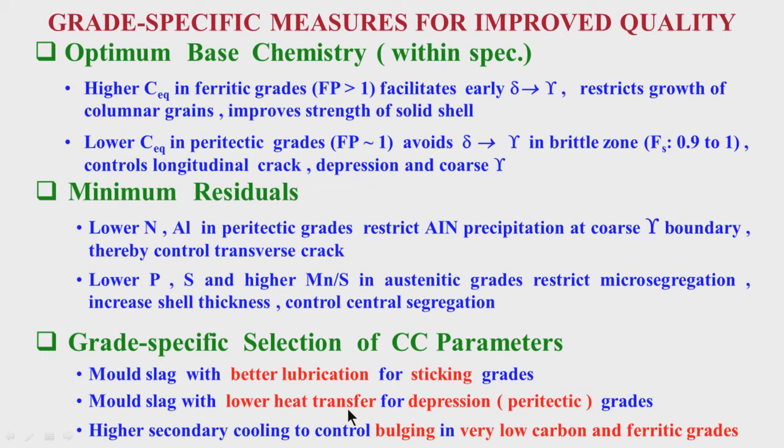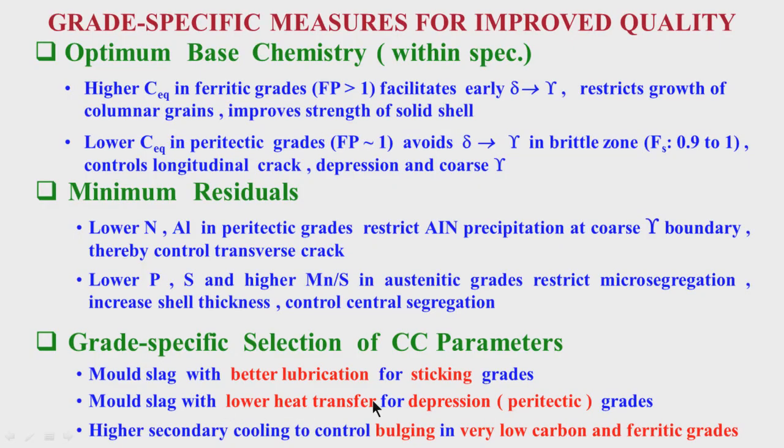Mold slag should be such that the heat transfer is low and it is uniform throughout the periphery of the mold. That means addition of powder is very important. You should always have a uniform powder addition throughout the periphery of the mold. Sometimes certain localized areas of the mold might have a higher amount of powder, or a lesser amount of powder, and because of that heat transfer near the periphery, near the meniscus in the mold, gets affected.